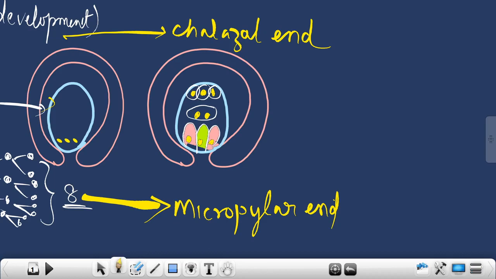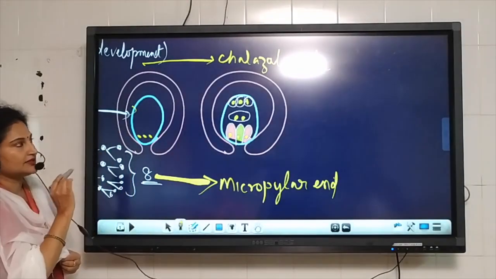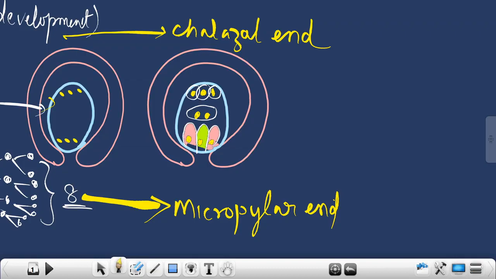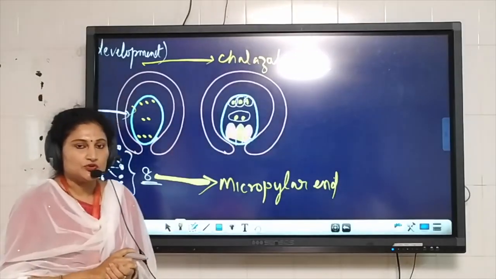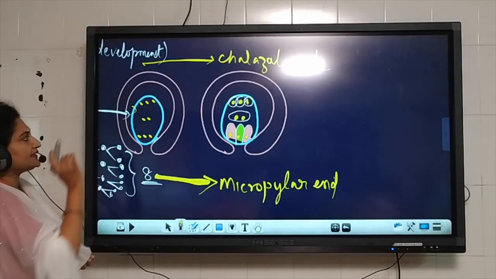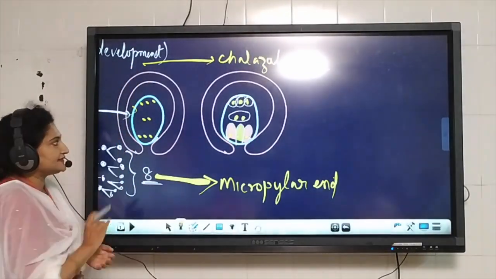So with respect to these ends, you're going to say the orientation. Of the 8 nuclei, 3 move to the micropylar end, 3 move to the chalazal end, and 2 remain at the center. Once again, the 8 nuclei get oriented: 3 move to the micropylar end, 3 move to the chalazal end, and 2 remain at the center.